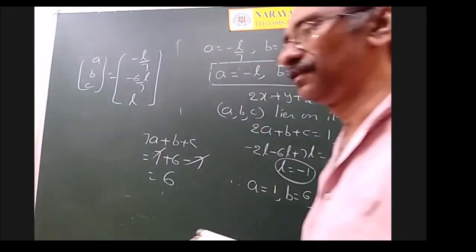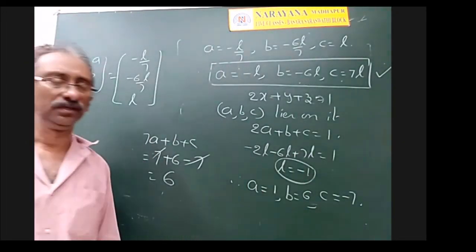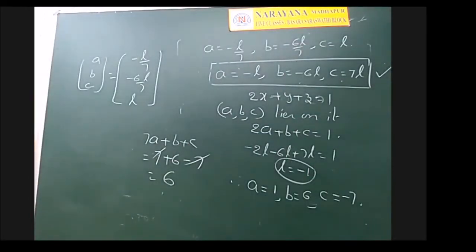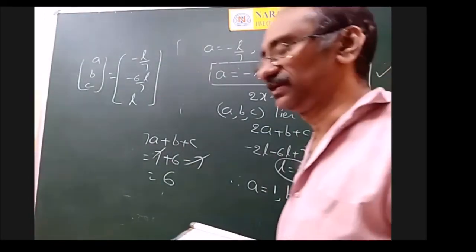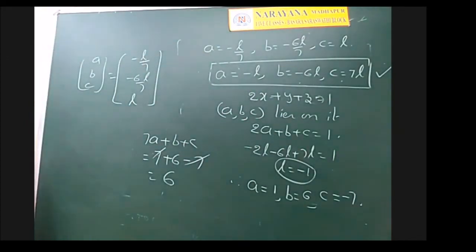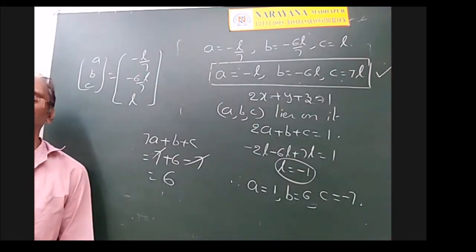So it is called multi-conceptual. Actually, he started with linear equations, that is matrices. In the 25th question, he touched the concept of plane, so the point should satisfy the equation of the plane. In the 26th question, he discussed complex numbers.